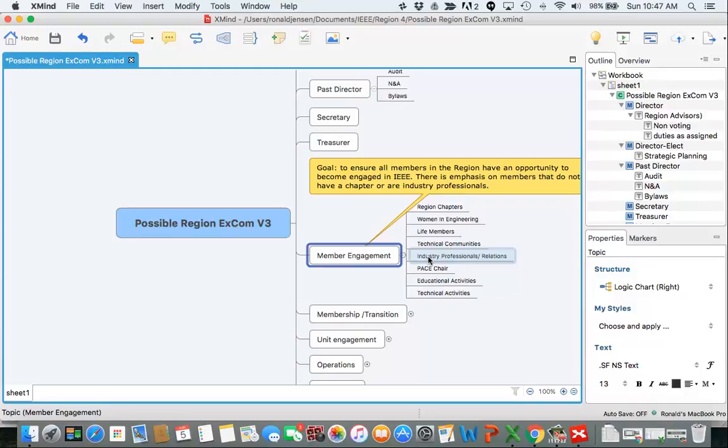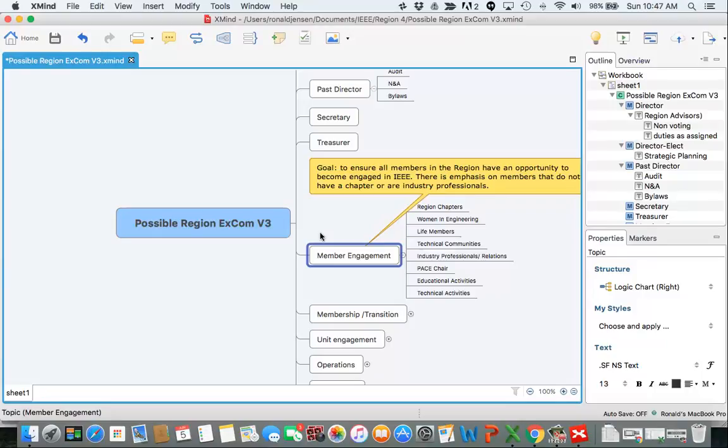So this team, and if you look at this whole group here, this team would meet and decide what are the highest priorities and what can this group as a team do to meet the needs of members. Also keep in mind that a couple of them, women in engineering and life members, are affinity groups, and we also have young professionals as well, but we group them in a different place. But they're affinity groups, and they have their affinity group locals.